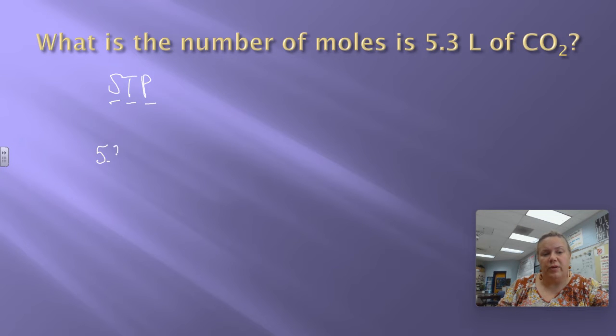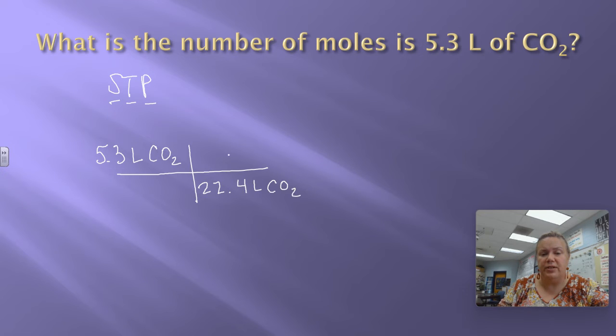So we're going to start with 5.3 liters of carbon dioxide gas. And we're going to do just like we have been doing in our conversions, but this time we're just using a different constant. So the constant this time is our 22.4 liters. So we know we have 22.4 liters of CO2 for every 1 mole of CO2. So we're going to see when we have 5.3 liters of CO2.